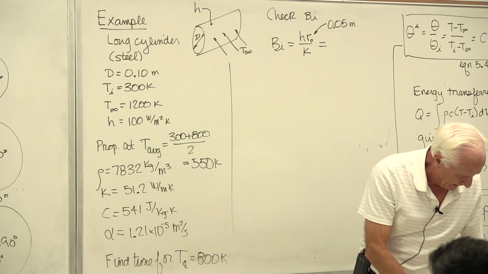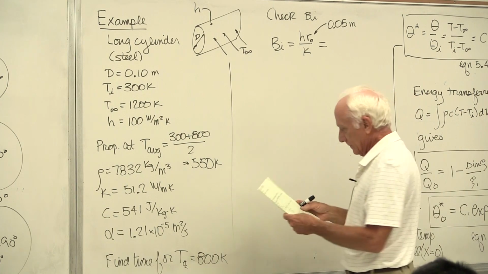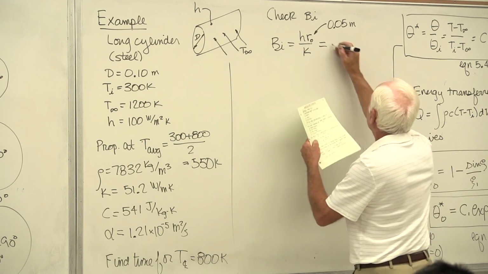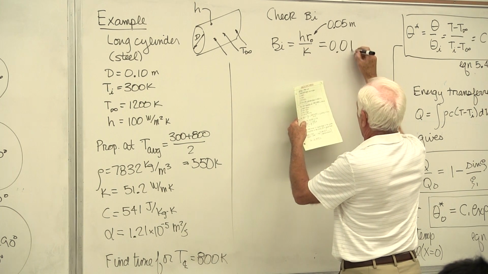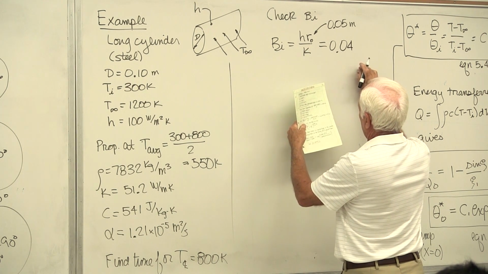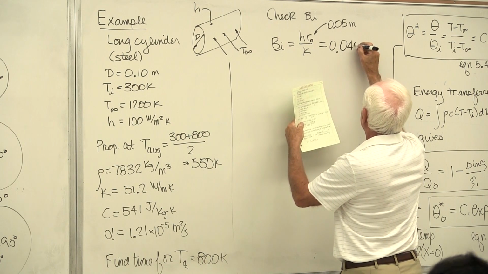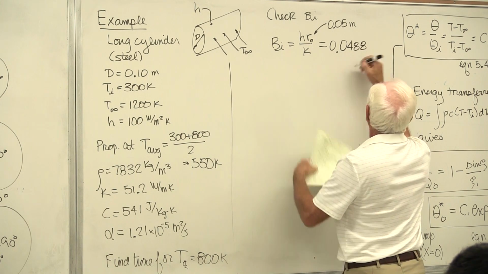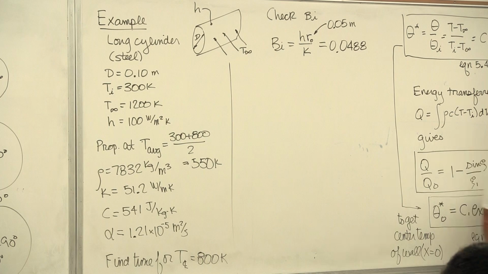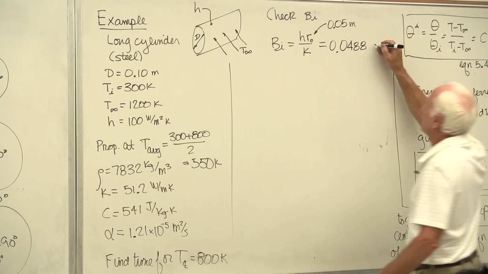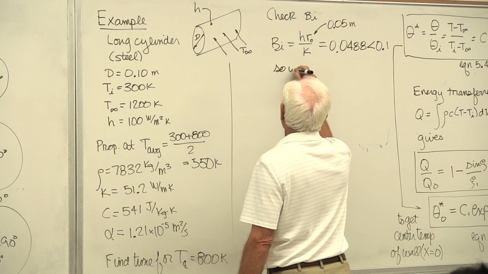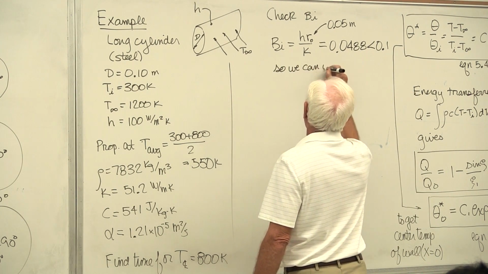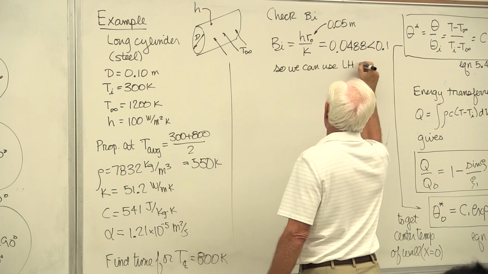And if I do that, there it is, 0.048. That number is less than 1/10. So we can use lumped heat capacity.